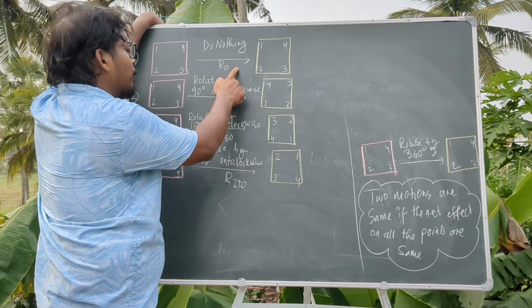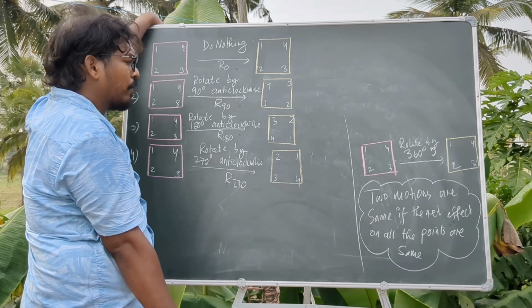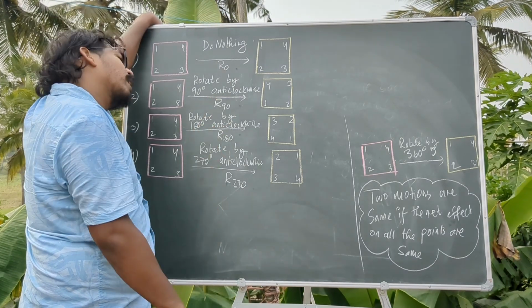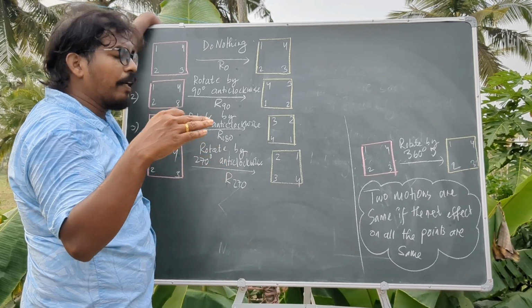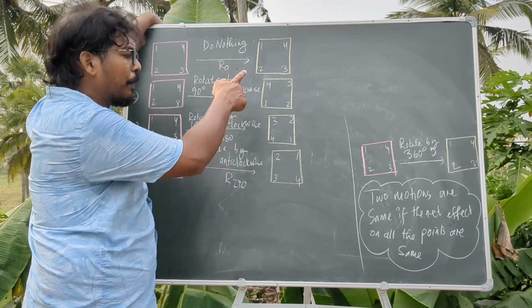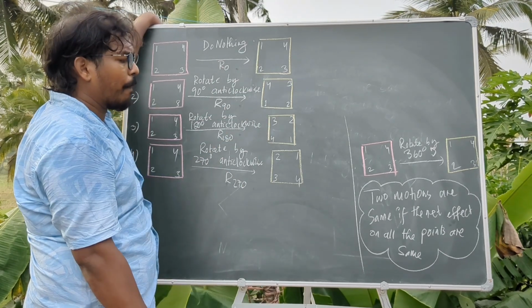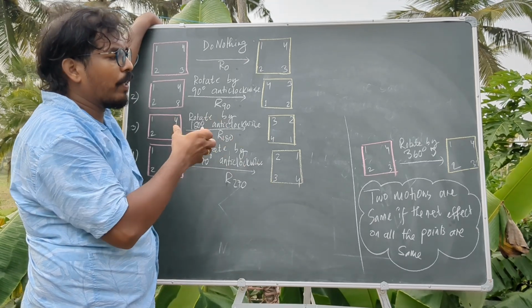This is R0, this is R90, this is R180, and this is R270. So we have four rotations, and any other rotations you will see will either repeat our motion or they will not fix our square.